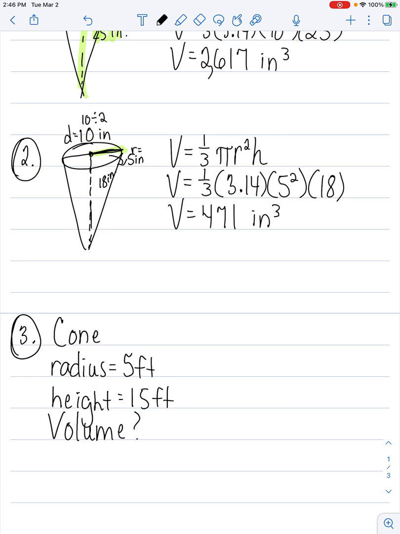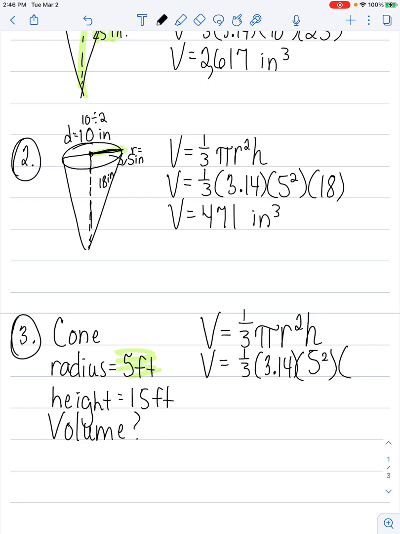So let's go through our steps. For a cone, our formula for volume is volume equals 1/3 times pi times radius squared times height. Next, I plug in my values. Volume equals 1/3 times 3.14, which is pi, times my radius is 5 feet, so 5 squared, times my height, which is 15 feet, so times 15.